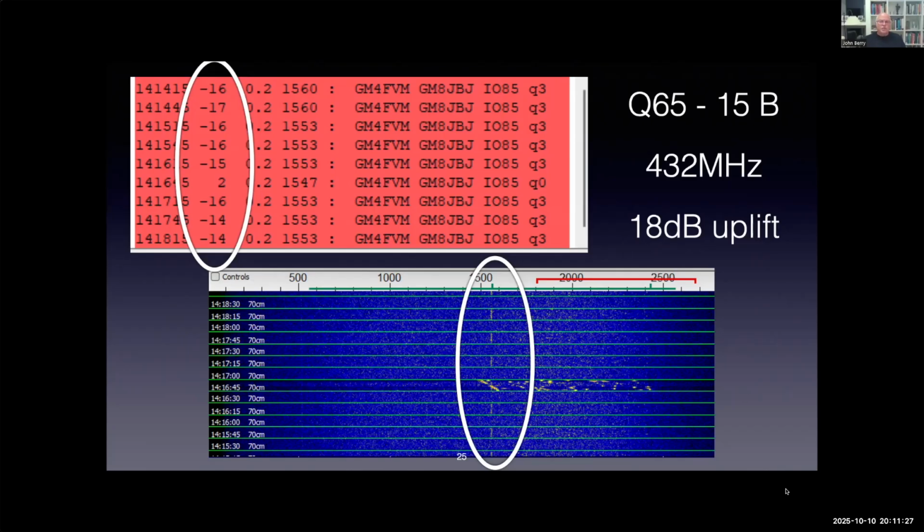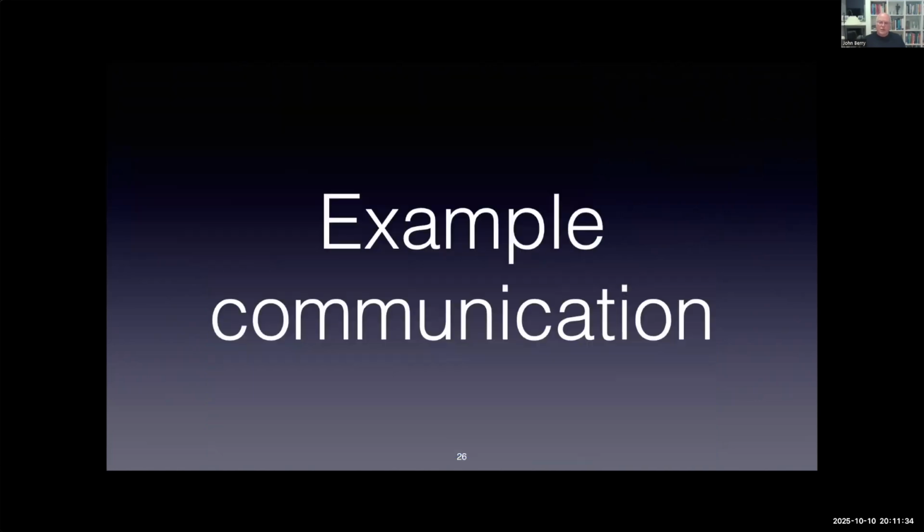And how do you make this work then as a communications method? So we carried on, and this was great fun because we were trying not to communicate. Have you ever tried not to communicate? We're obviously 100 kilometers apart, and that's far too close for 432 megahertz and the sort of thing we're trying to do.